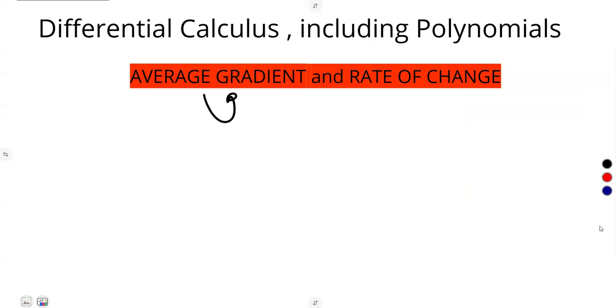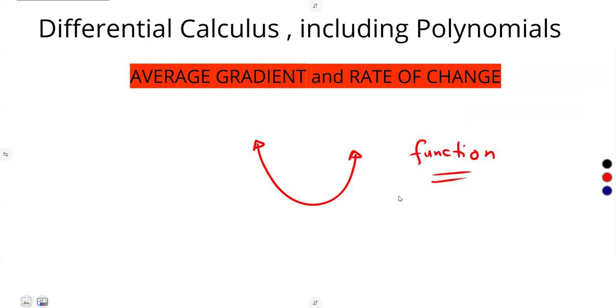Remember, in your grade 10, grade 11 mathematics, you dealt with the gradient given a certain function. Let us say we are given a function, any function.